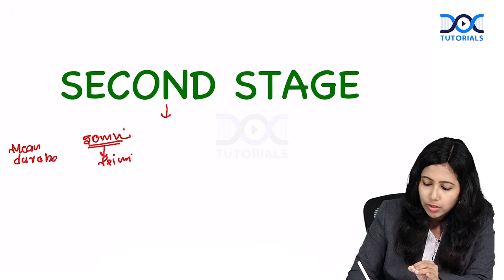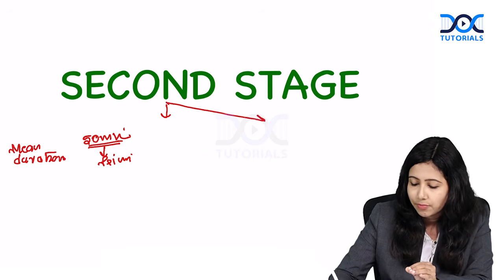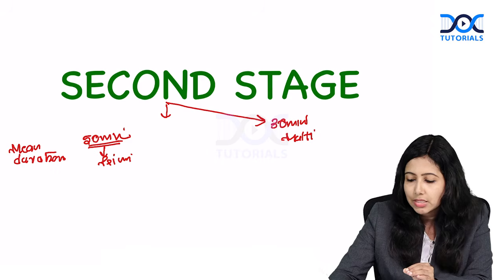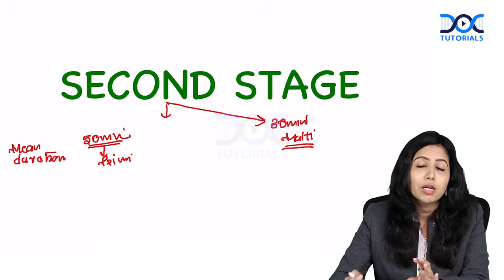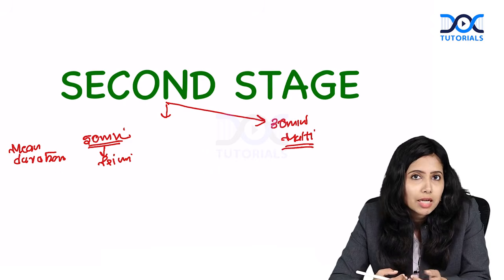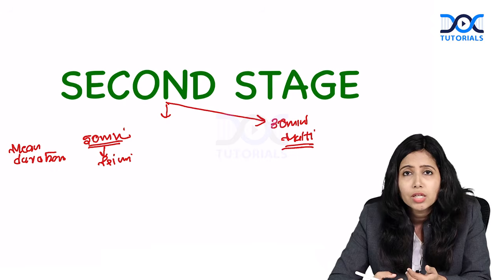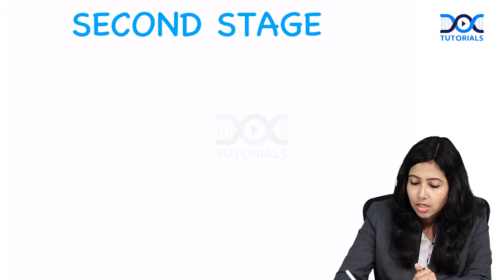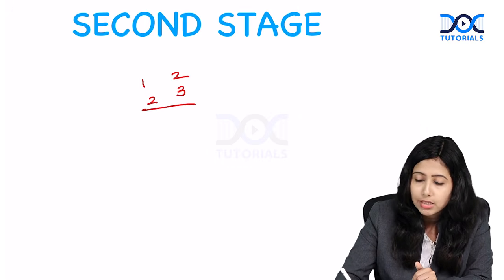The mean duration that we are expecting is 50 minutes in case of a primigravida and 30 minutes in case of multigravida. This is the ideal scenario. But you know that in today's era, the rates of cesarean are increasing. So initially it was thought like this: 1, 2, 2 and 3.